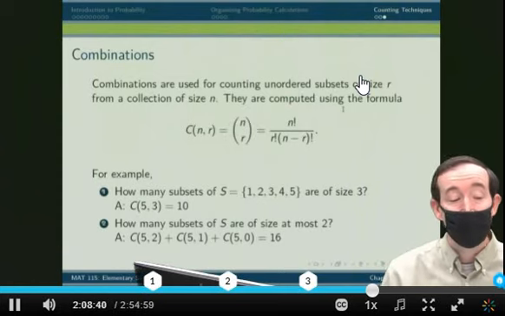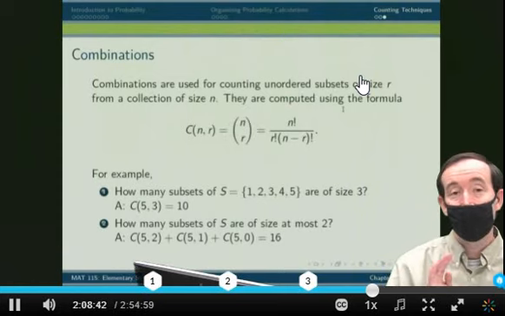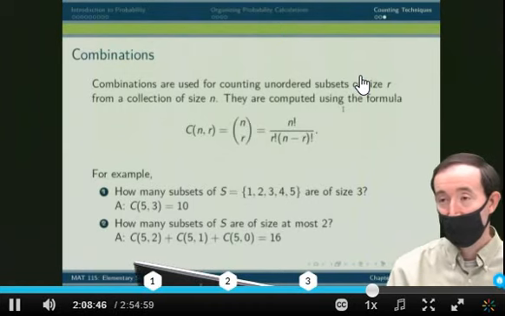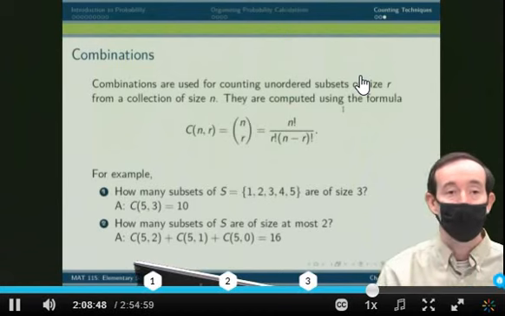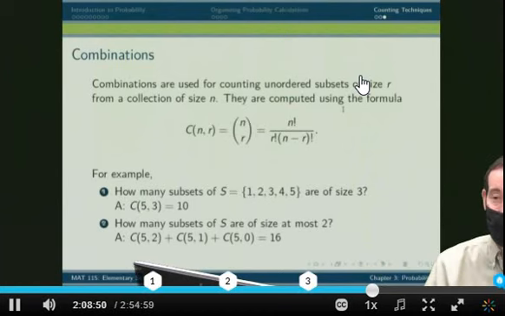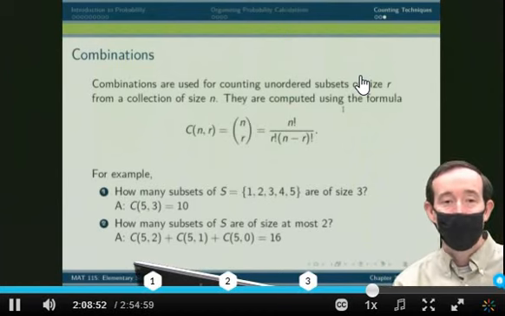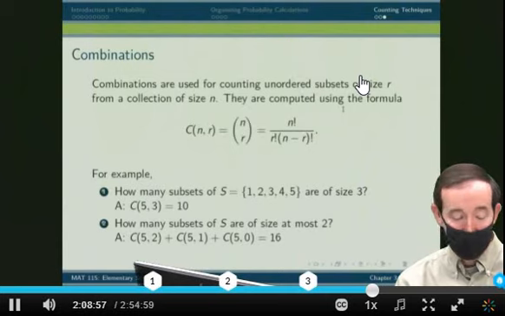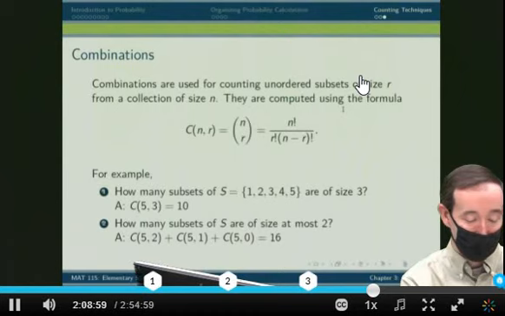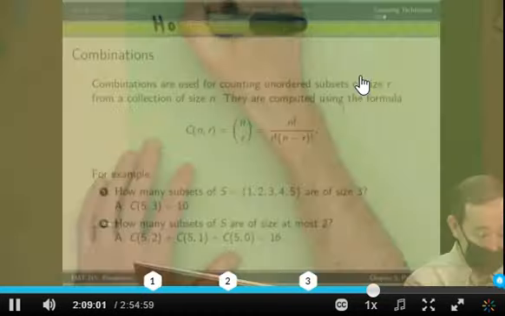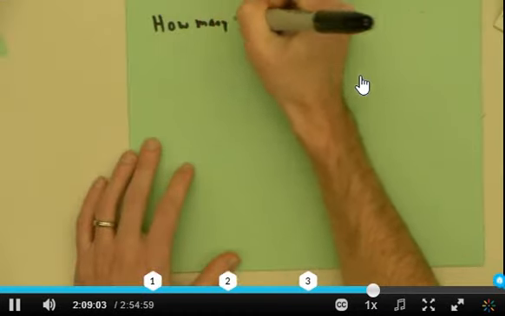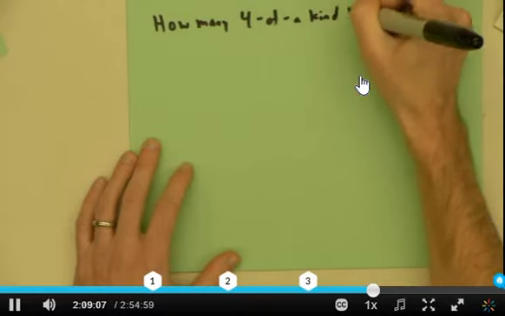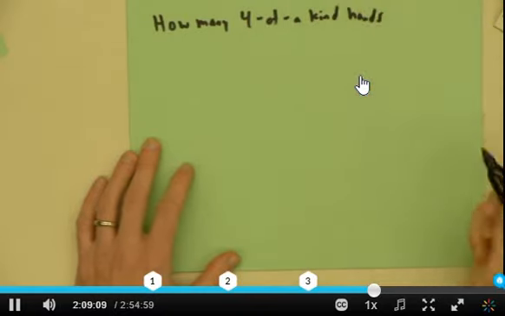And what that would be is 4 of the same number, like 4 sevens, or 4 jacks, or 4 aces. Okay? So if I asked you how many different 4 of a kind hands are possible, well, this is how you would organize your thinking. All right, let me write that down. Let's say it's a 5-card hand.